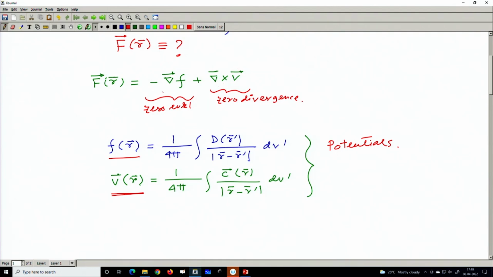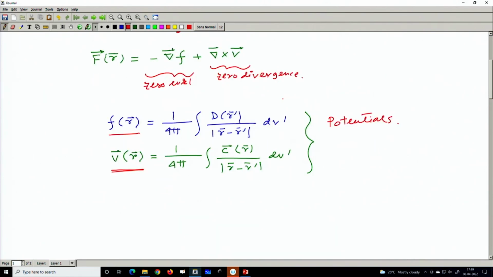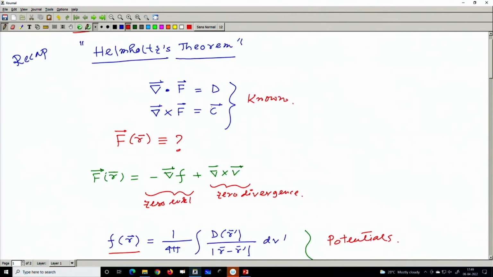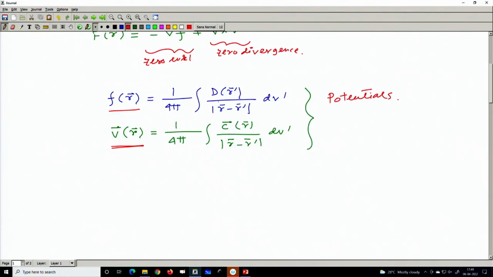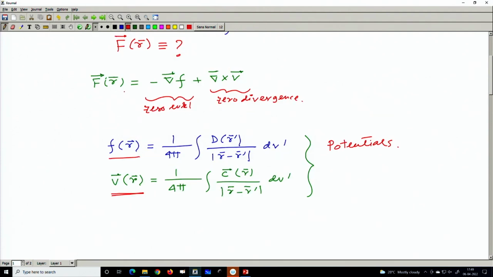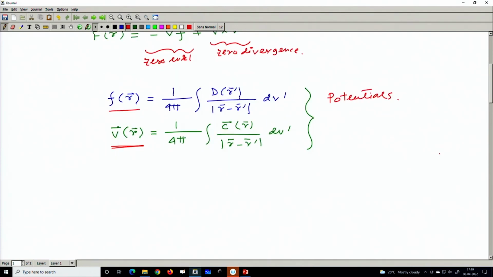The combination of these two gives me F, and F should have two components, as I mentioned, one with 0 curl and another with 0 divergence. The scalar and vector potentials can be found in terms of D and C in this way. D and C are known, so the right hand side is known. That means I know the potentials, and once we know them, I can find out my F. Now, this is in general.